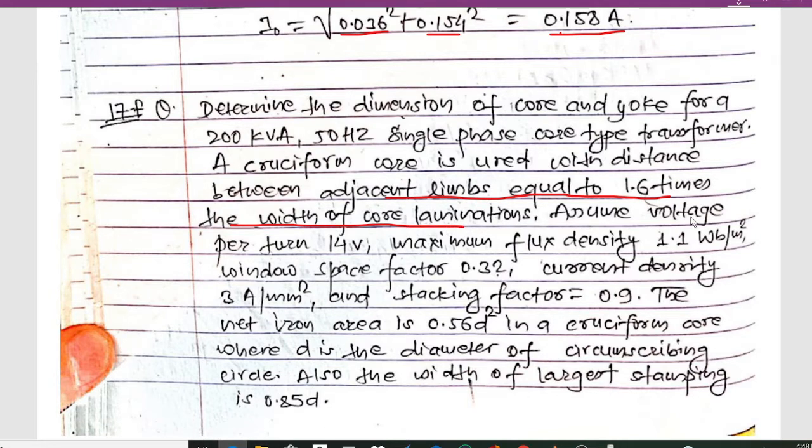and assume the voltage per turn is given as 14 volt, and maximum flux density is 1.1 Wb per meter squared, and window space factor is given as 0.32. Similarly, current density 3 ampere per mm square, and stacking factor given as 0.9, and the net iron area is 0.56 d square in cruciform core, where d is the diameter of circumscribing circle, and also the width of largest stamping is 0.85 d.